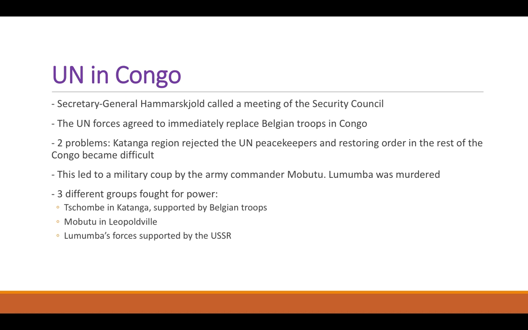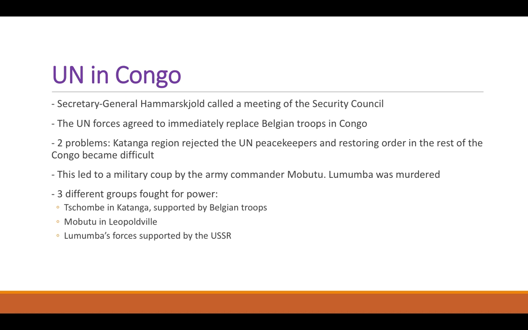So we have three different groups fighting for power in Congo, and this is a very difficult situation. On the one hand, it's Chombe in Katanga. He's supported by the Belgian troops, and he's keeping the resource-rich Katanga, a very rich region of Congo, independent. Then on the other hand, there's Leopoldville, where Mobutu takes over.